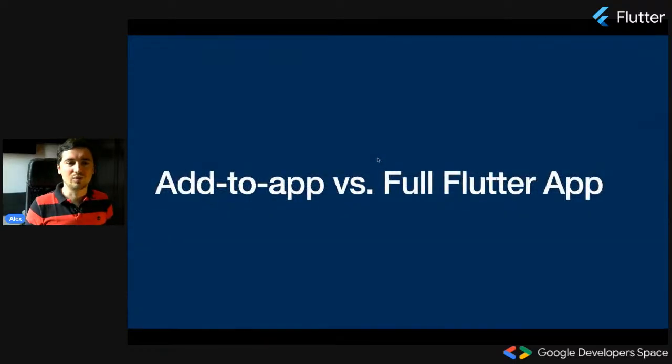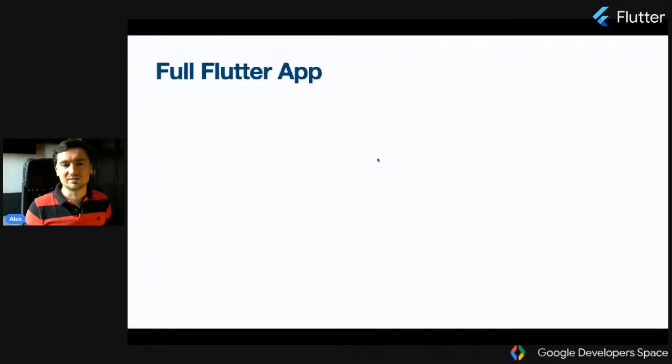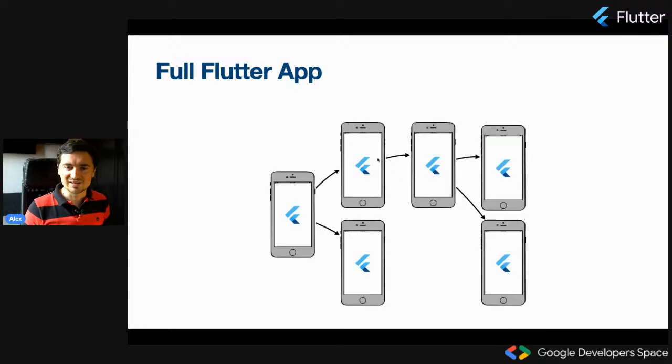So first of all, what is add-to-app versus a full Flutter application? In the ideal scenario, you start your new application, and because Flutter is such an amazing framework for mobile apps with a lot of advantages, you start writing your Flutter application, and all your screens are in Flutter. That's the ideal scenario, and you don't have to worry about add-to-app challenges.